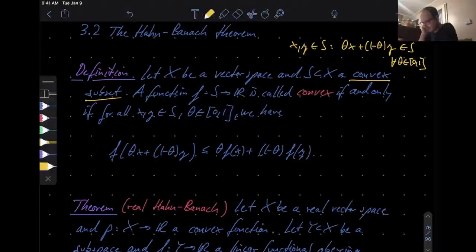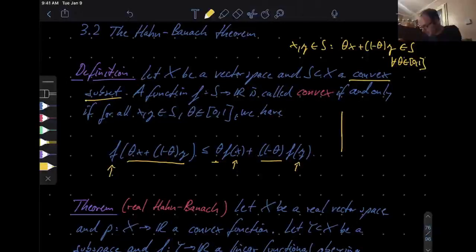Okay, so having a convex set, now what's a convex function? Well, this is what's written here. A function from a vector space to the real line is called convex if and only if you take the convex combination here on the left, you act with f on it, and then it is bounded from above by the convex combination of the images, right? So now the thetas are out here, and you have f acting on x and f acting on y.